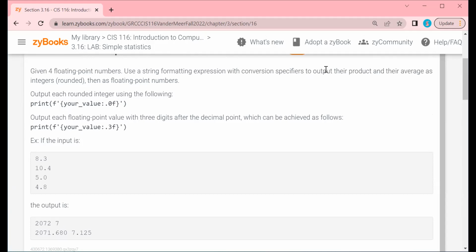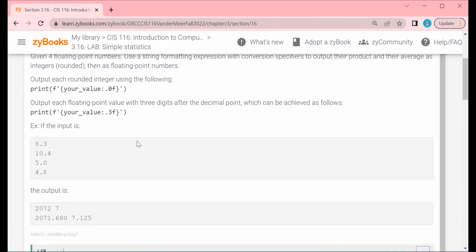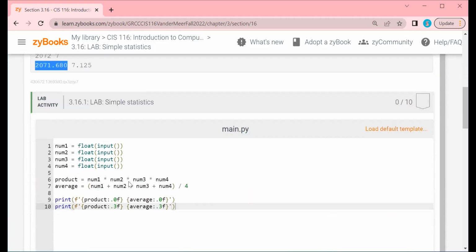We're calculating the product and the average as integers and then as floating points. So here's the product, which is multiplied together. Here's the average as whole numbers, and then here's the second example where this is as a floating point, which is 3 to the 0.3f. So that makes sense.